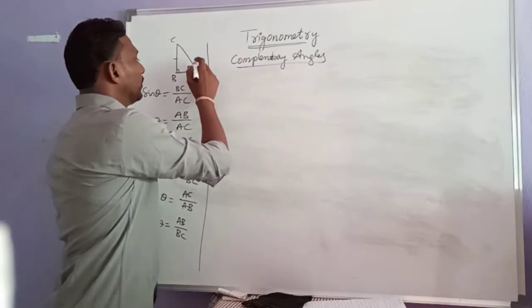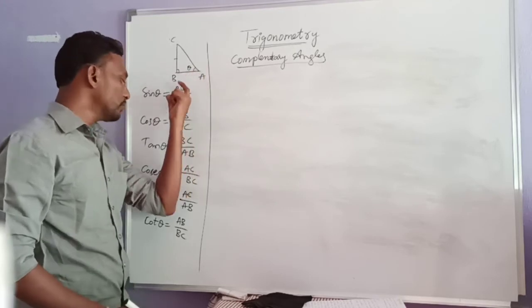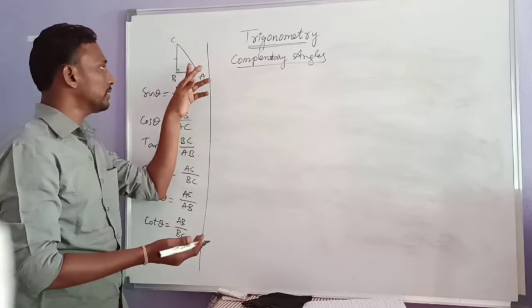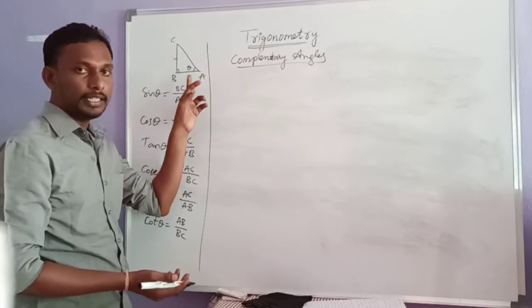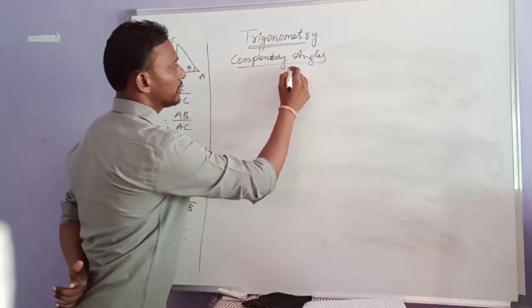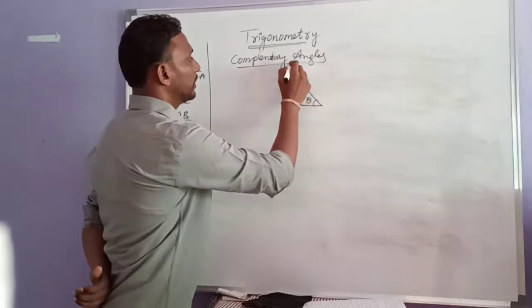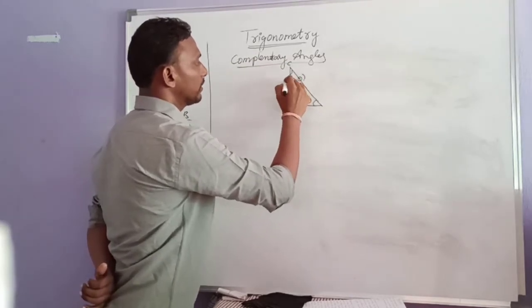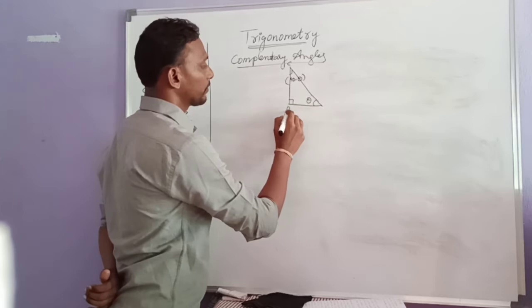So in this situation we considered the angle at A. By using all these relations, if you consider the angle at C, what will happen? Angle C is the complement of angle A, right? So let us consider this triangle once again. Here theta we are taking, so at C the angle will be 90 minus theta.